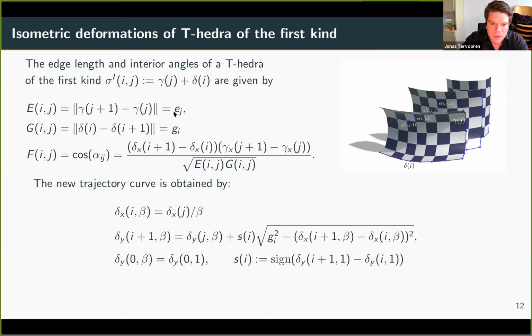So these are already separated equations that tell us that both of the curves have to be bent isometrically. And then from the third set of equations, given by the angles, we know how we have to transform the trajectory curve, how we have to bend it if we bend the profile curve, as I said before.